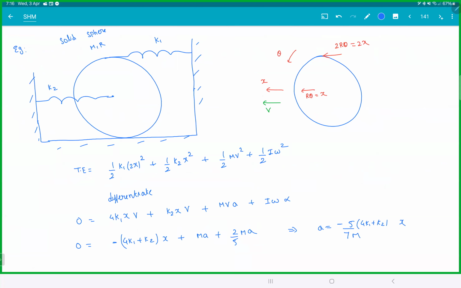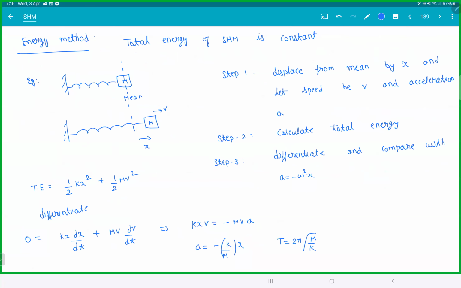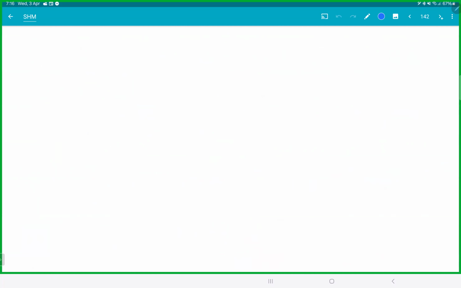The only place where I saw this being useful is if the springs have mass. So let me show you that question also. Let's say we have a spring here attached to a block, with small m and k. The spring has mass.